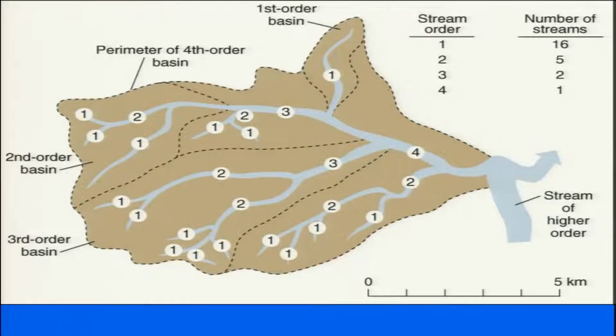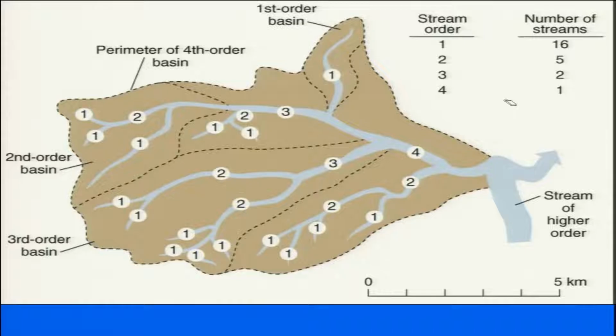Usually, if you have the major trunk stream, then the area which is flowing, last time I was showing you that you have two sloping surfaces here. Streams are flowing here like this, and then you have the main trunk stream, and the streams are getting into this. Maybe I can draw it a little better.